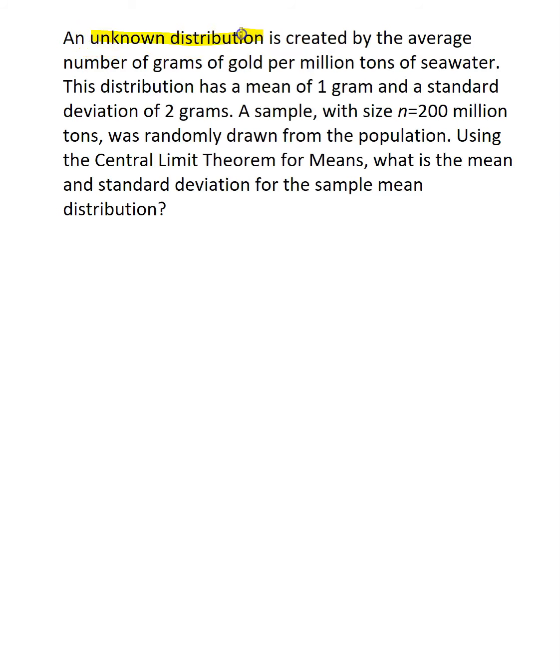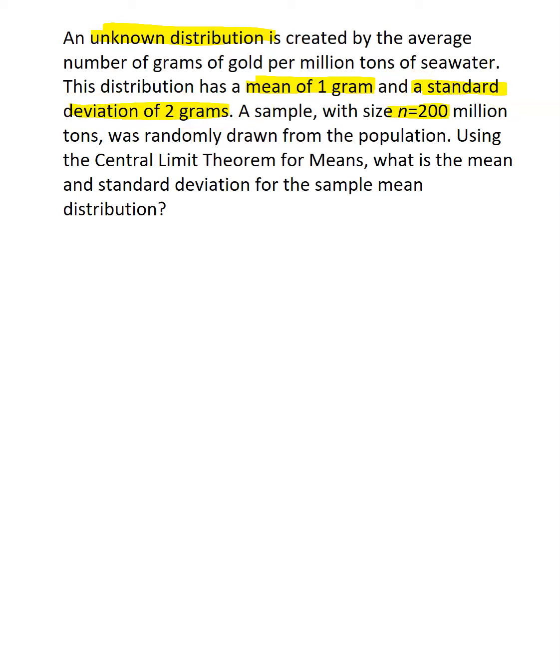Again, we have an unknown distribution, and it's created by the average number of grams of gold per million tons of seawater. So this 200 is well above the 30 mark, so that is good, because for an unknown distribution we want to quickly check the sample size. And the unknown distribution has a mean of 1 gram and a standard deviation of 2 grams.